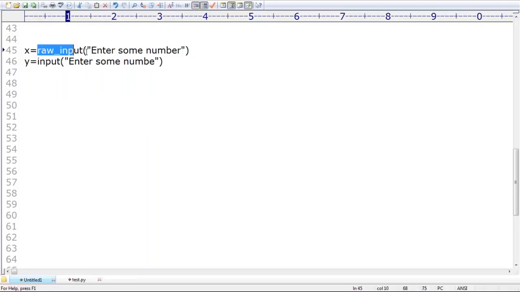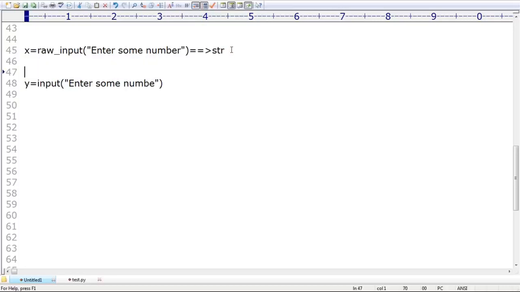Sir, raw input data is always treated as string type only. Remember this one. If you are providing anything to raw input, it is by default always treated as string type only. Compulsory, we require to use typecasting functions.